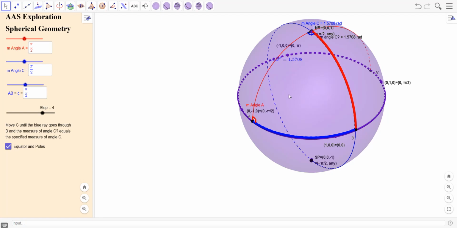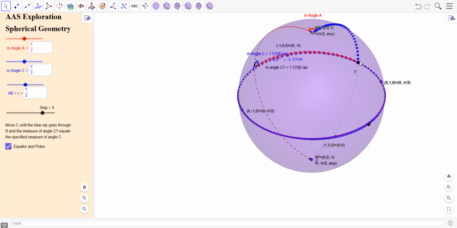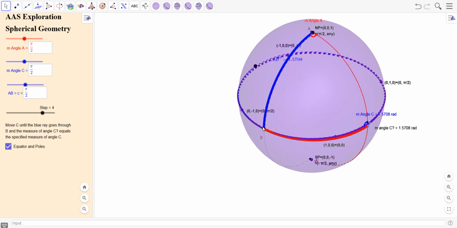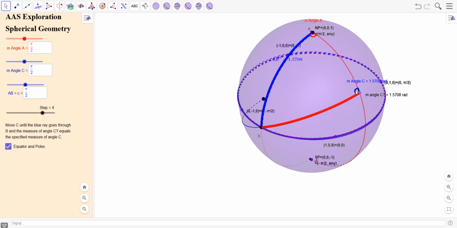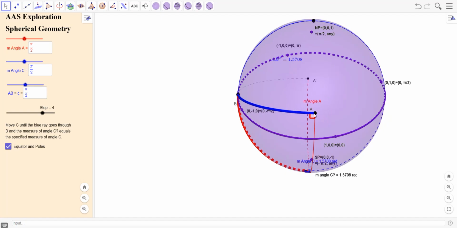What I want is, okay, I want A and B. Here's the example I want. I want A to be at the North Pole, and I want B to be on the equator. And notice that I can get, no, I want it the other way around.